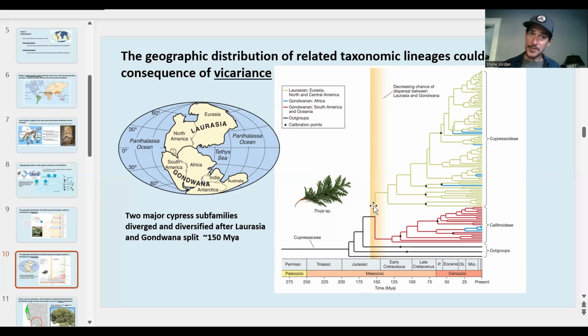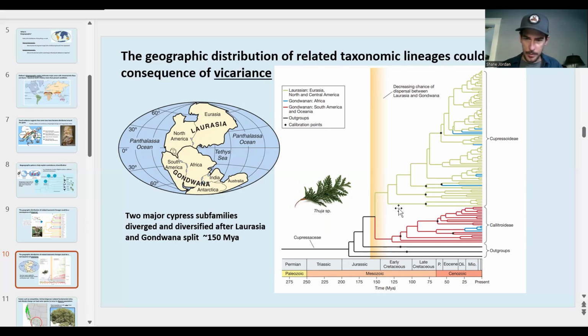And they probably started to diversify because these different continents were drifting into very different latitudinal environments, experiencing very, very different climates, and probably experiencing very, very different selection pressures. And we can see that basically two very major subfamilies within this group came to diversify either in one area or the other.